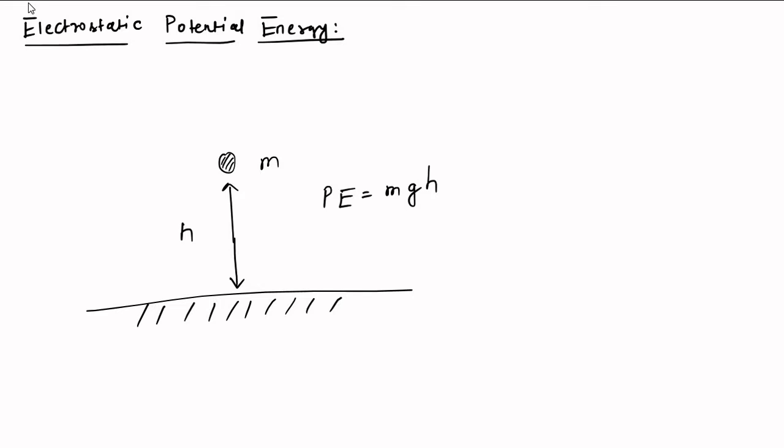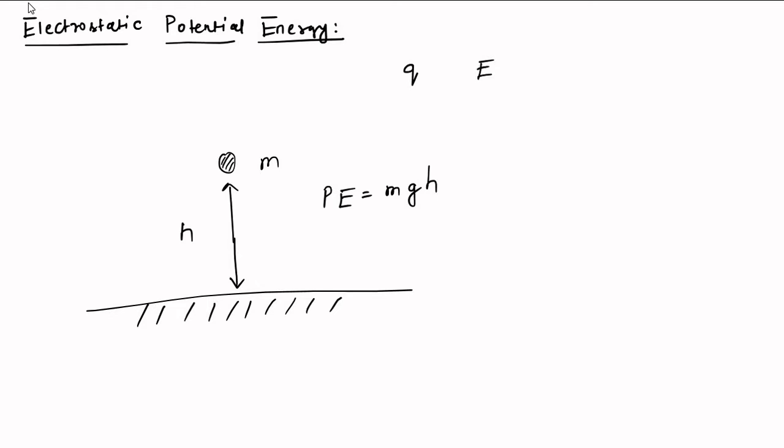In the electrostatic field, if we take the same discussion to the electric field, the mass can be replaced with charge, and the gravitational field can be replaced with the electrostatic field.